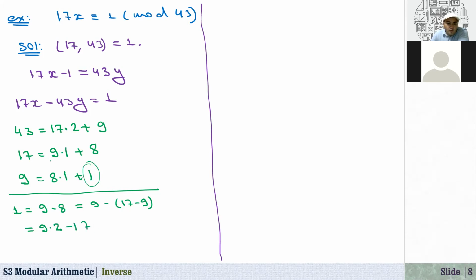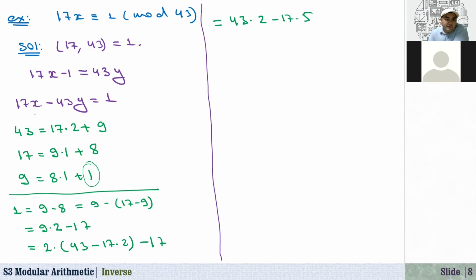Now from the previous one, what is 9? 9 is 43 minus 17 times 2. So it equals 43 times 2 minus 17 times 2, and minus one more 17. So that is minus 17 times 5.